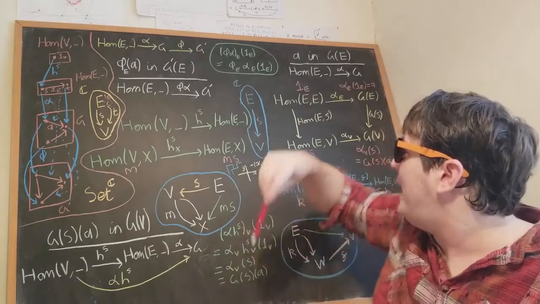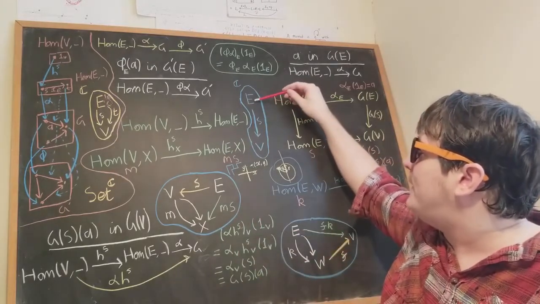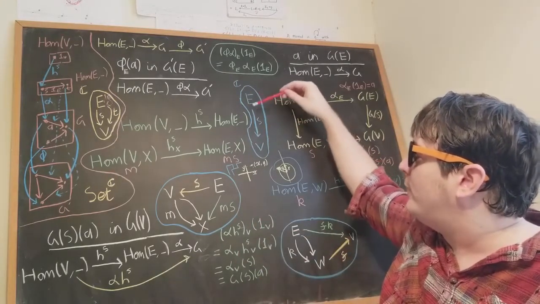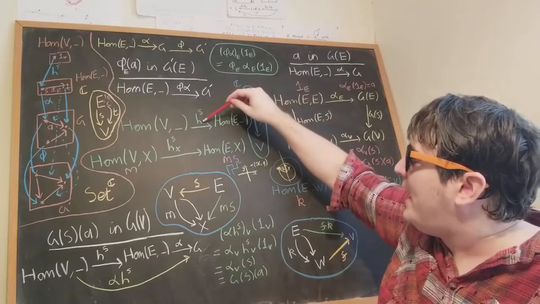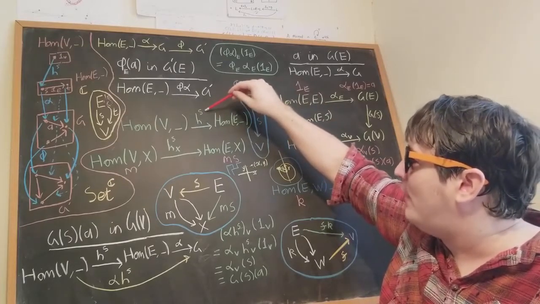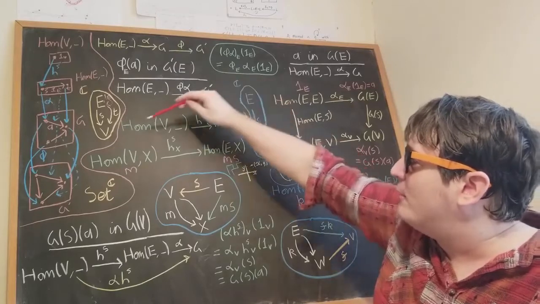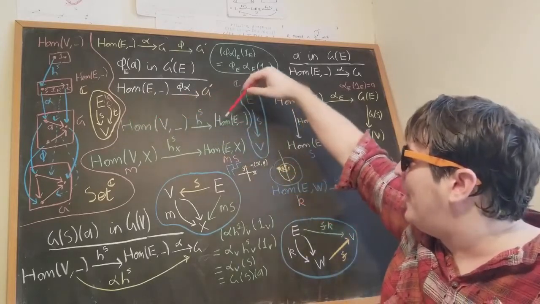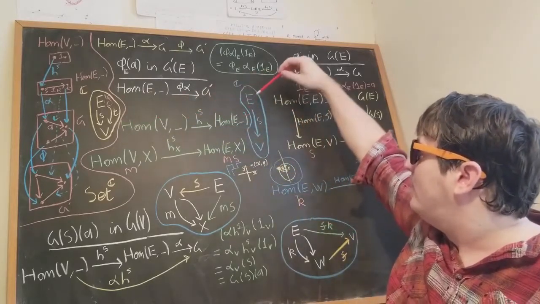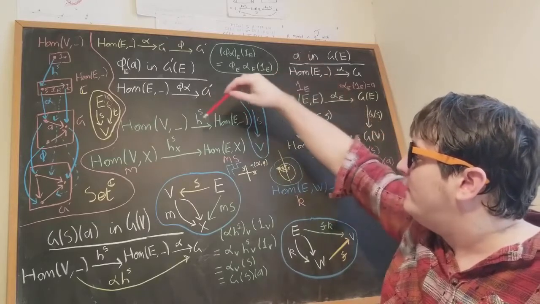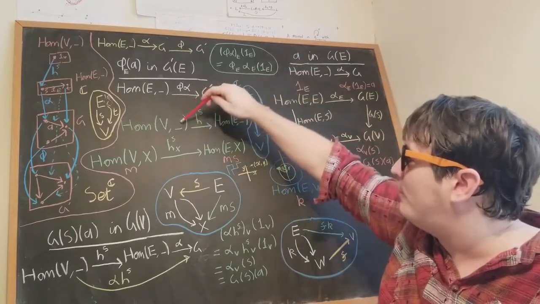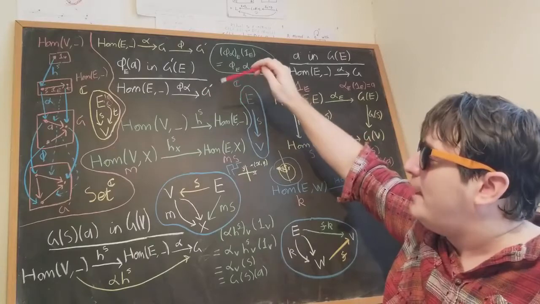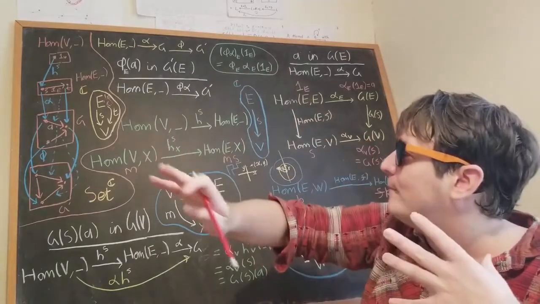Okay, so here S is an arrow from E to V, but the corresponding thing is this arrow H, well, I'm calling it H to the power of S, which is an arrow from hom V comma blank to hom E comma blank. So this goes from E to V, this goes from hom V comma blank to hom E comma blank. It goes in the opposite way.